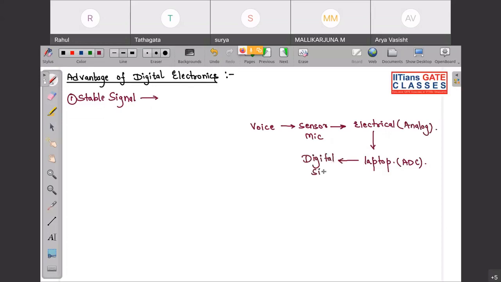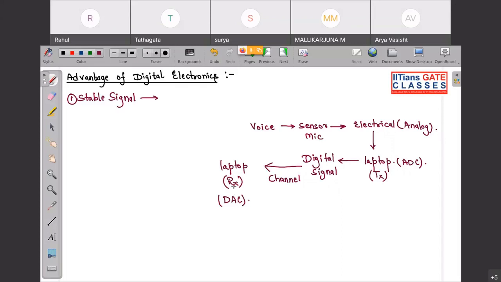Now this digital signal will be transmitted over a channel, and you will receive it at your end on your laptop. So this is the transmitter laptop and this is the receiver laptop, TX and RX. Your laptop also has a DAC, digital to analog converter.